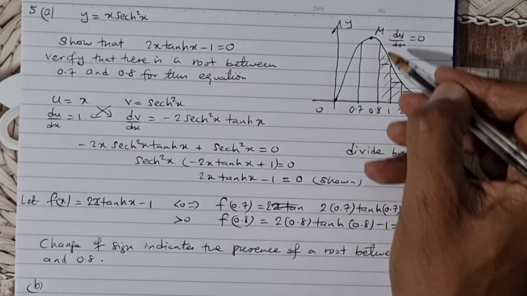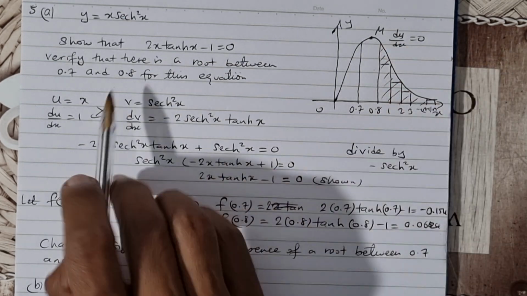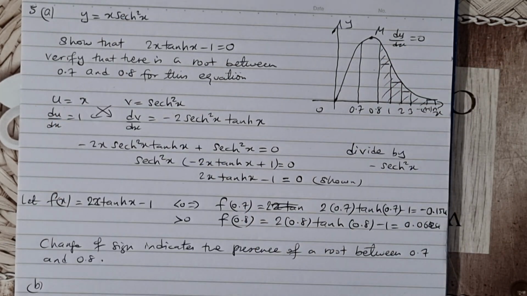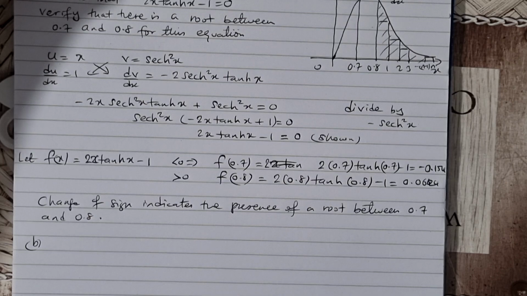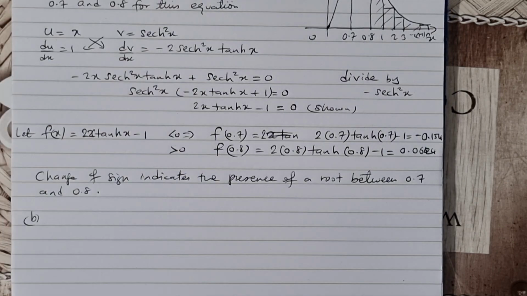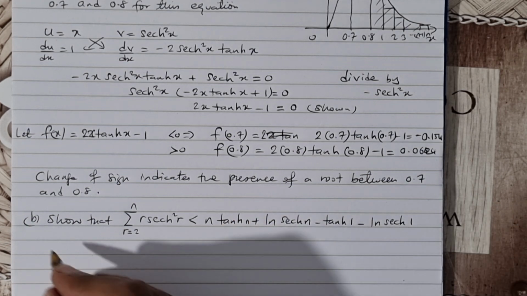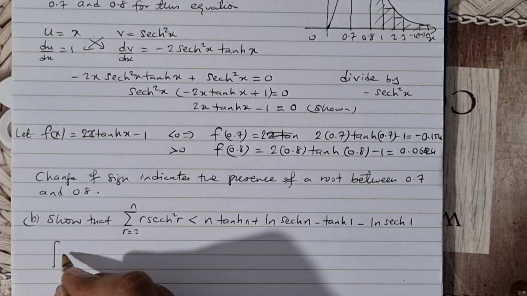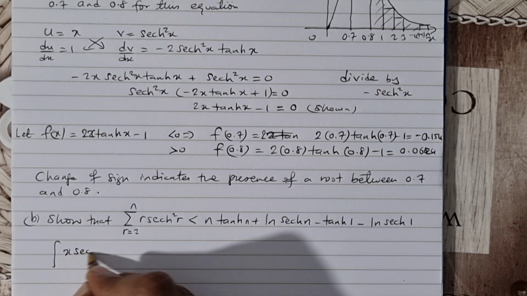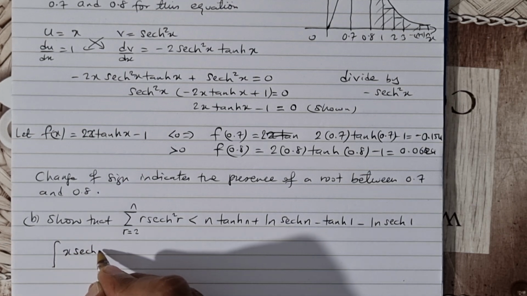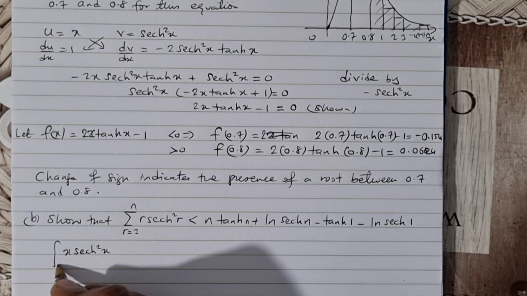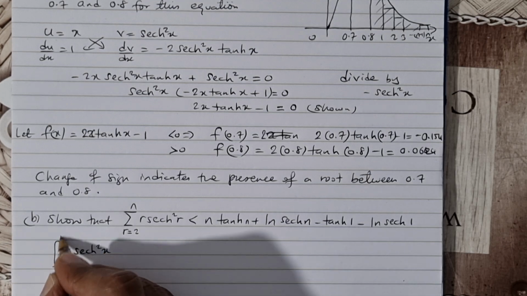The area under the curve is the integral of this expression. We need to show that the sum is less than that expression, so this is our integral. We integrate x sech²x, limits going from 1 to n. Why?